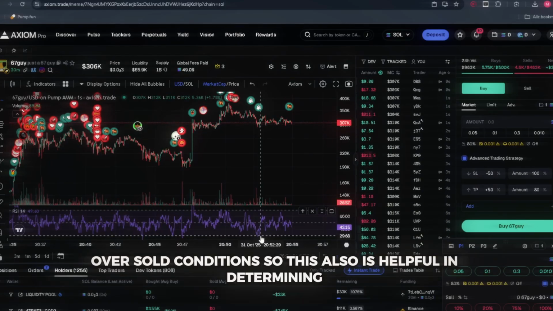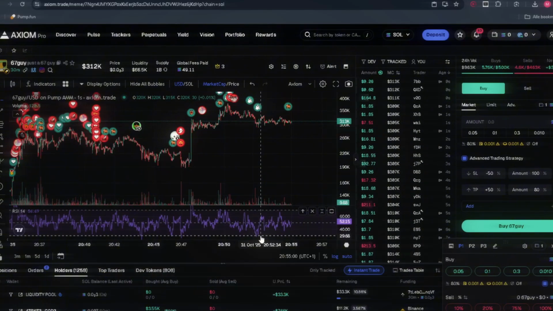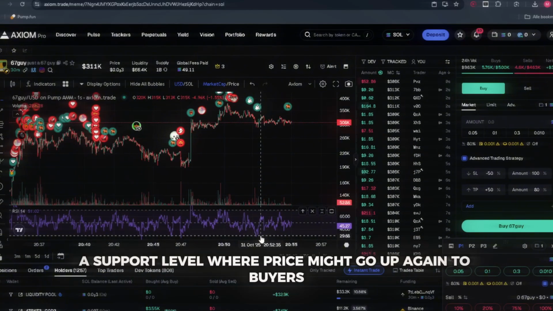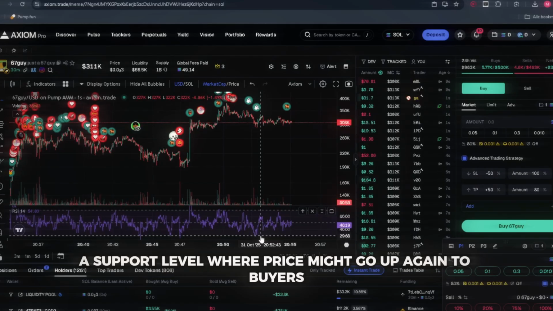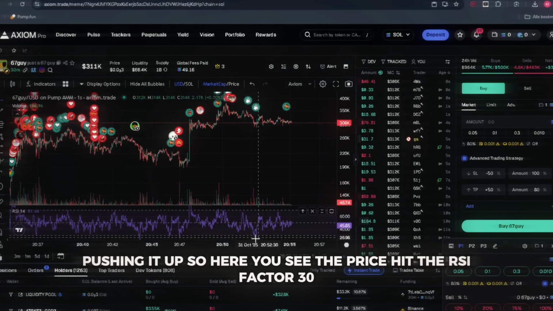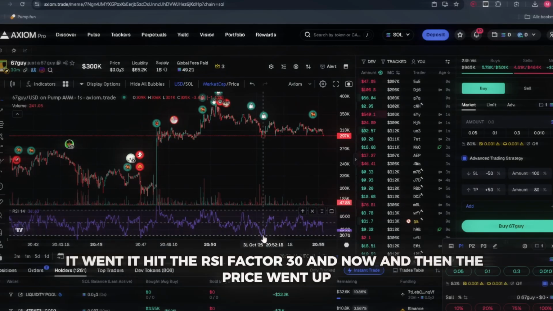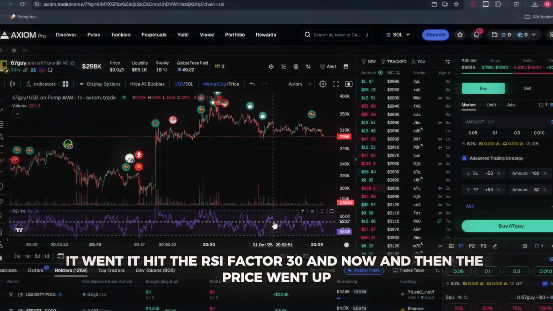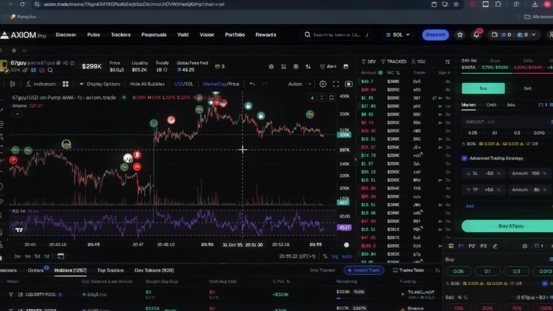This also is helpful in determining a support level where price might go up again due to buyers pushing it up. Here you see the price hit the RSI factor 30, we see this line, and then the price went up. So this is really important when it comes to buying or selling meme coins.